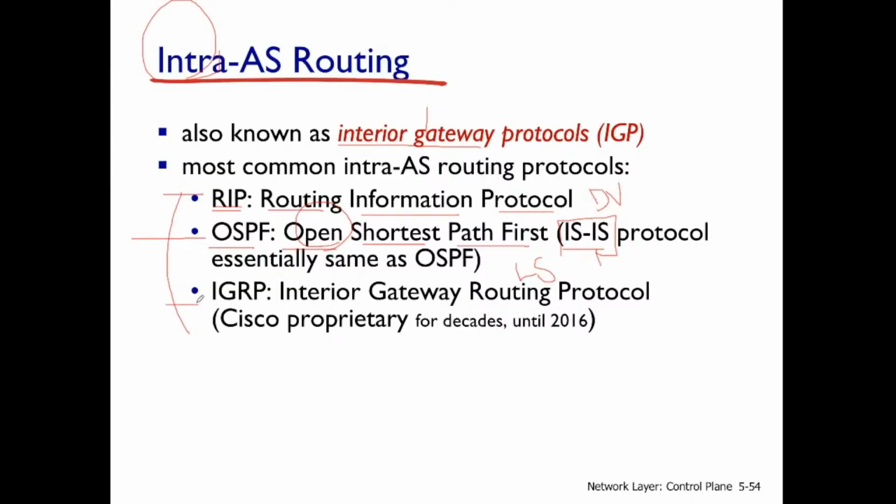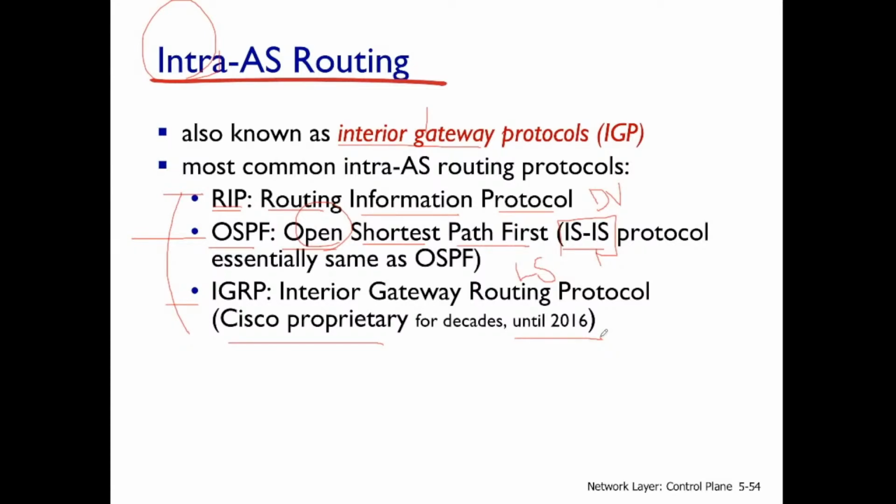Third one is called IGRP, Interior Gateway Routing Protocol. Now, this one is completely closed. It's Cisco proprietary. It came with these Cisco routers, but it was only maintained until 2016 and obsolete afterwards. The reason is that Cisco is also beginning to embrace software-defined networking.